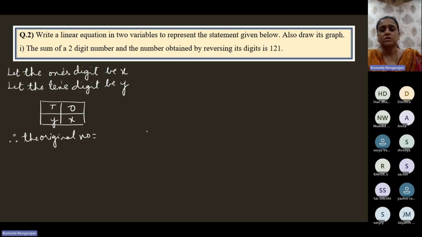Therefore the original number is equal to, see now, we'll go down to third or fourth standard where we used to write a number in its expanded form. If you're given the number 579, how do you write this number in the expanded form?